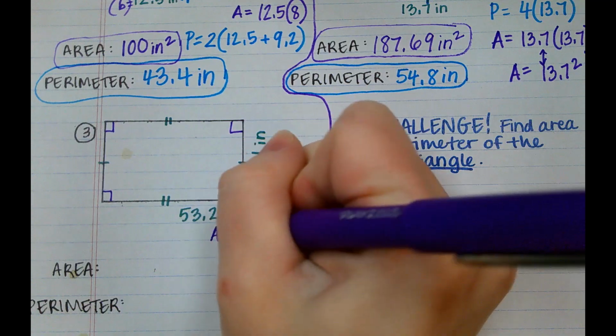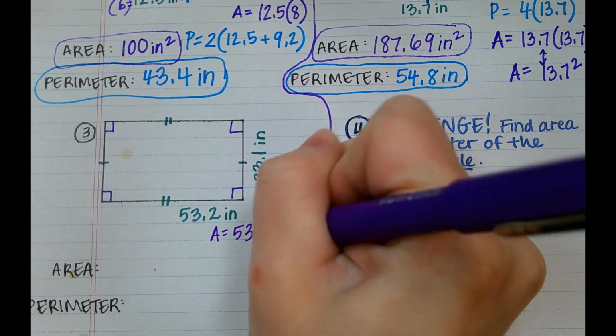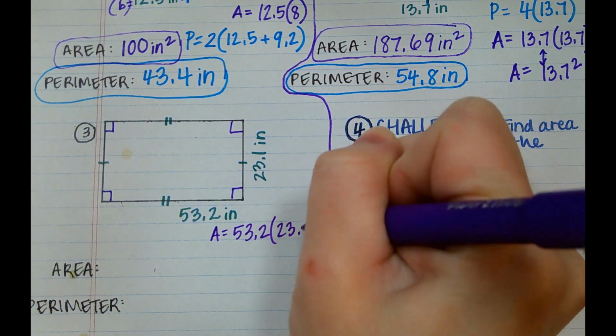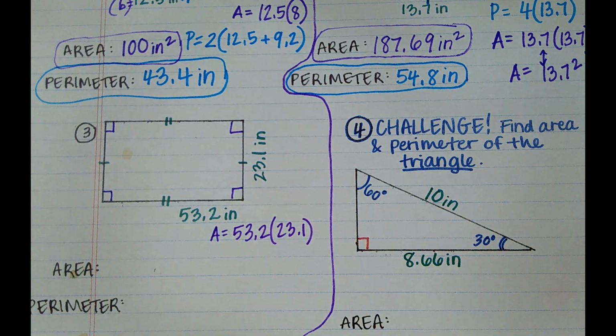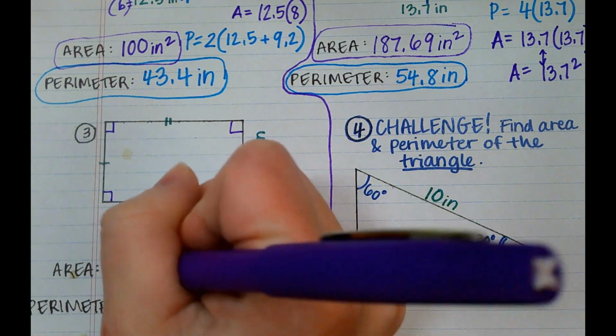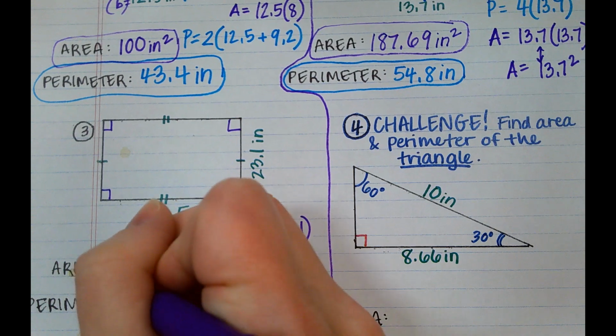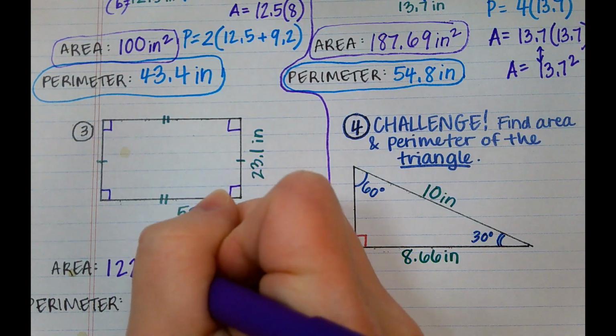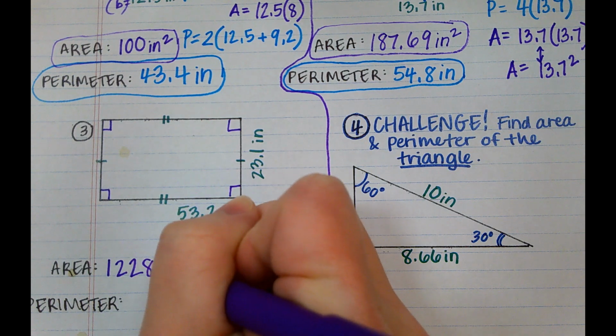53.2 times 23.1. Perfect. And that gives us a very big number. 1,228.92.